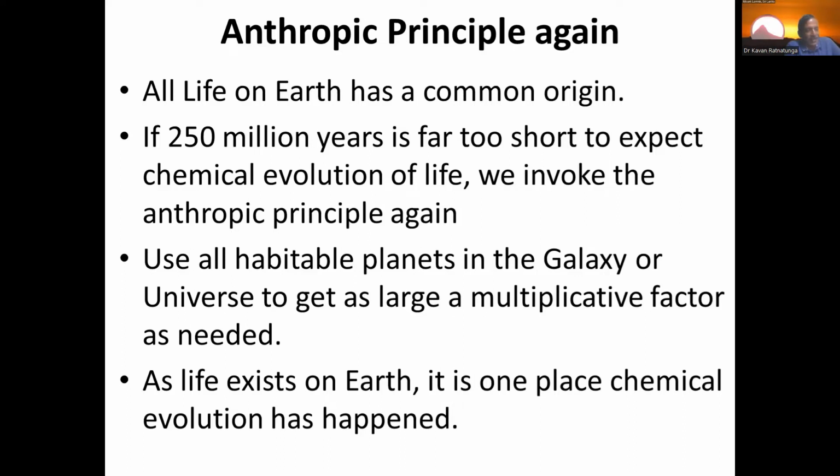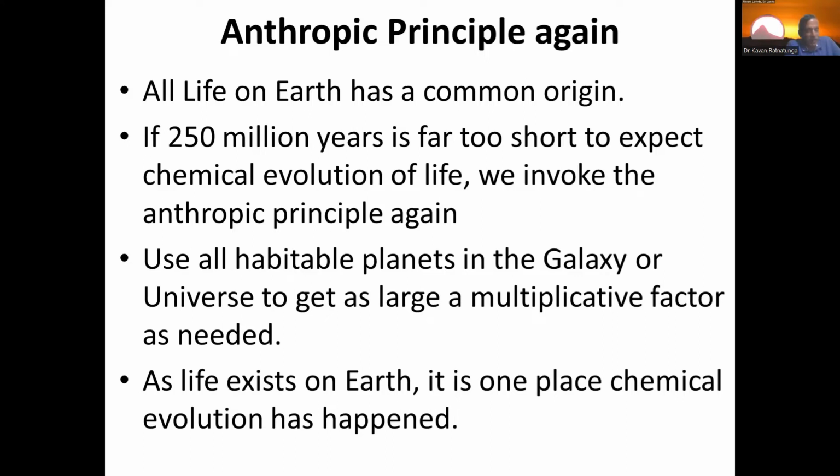So this is another use of the anthropic principle again, because we then say the chemical soup that created life was existing in many planets in the universe, in many solar systems, but the chemical evolution of life happened on Earth, and we know it happened on Earth because we are there and we observe it.